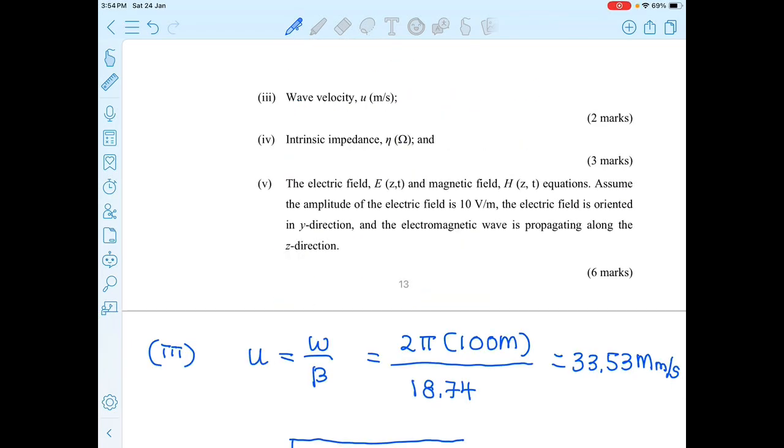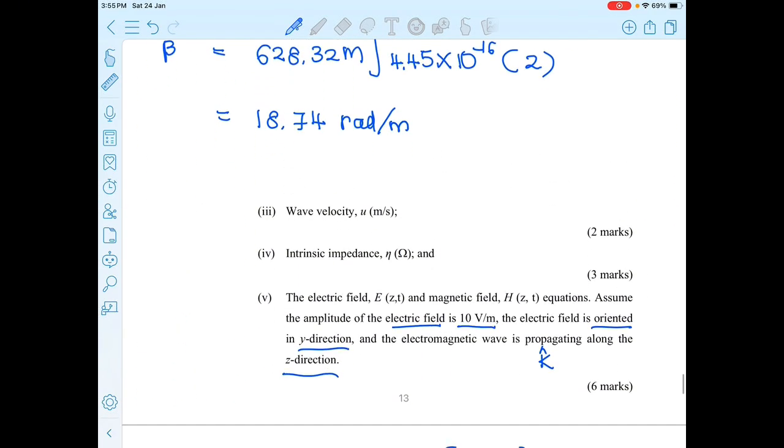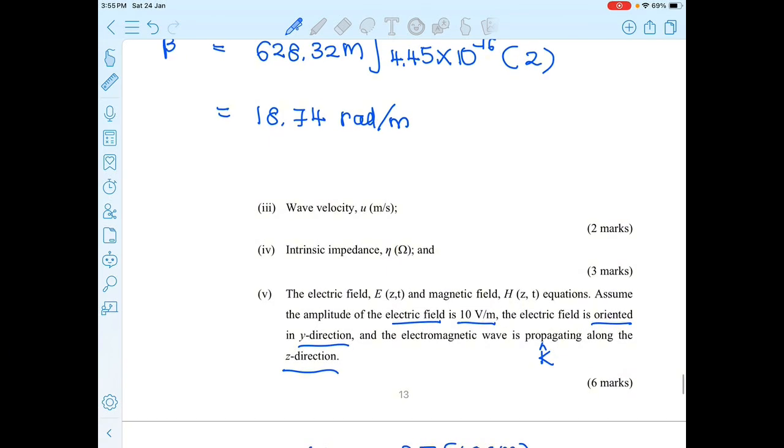So for question 5, you have to find the electric field and magnetic field equations. Assume that the amplitude is 10 for the electric field, the electric field is in the y direction, and the electromagnetic wave is propagating in the z direction. First of all, we have to write out the general formula for the electric field, for medium 1.